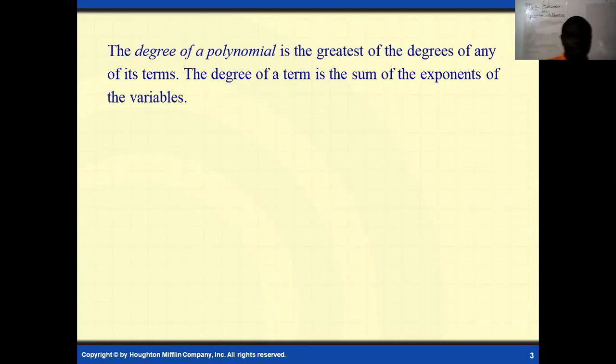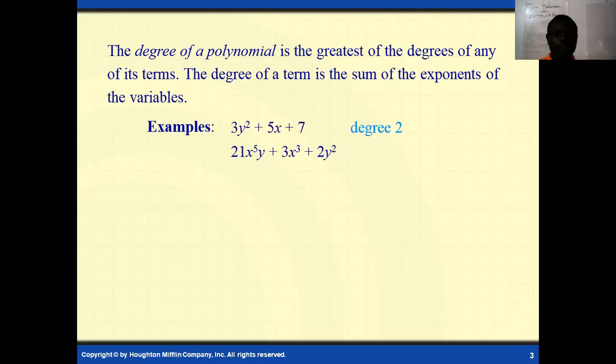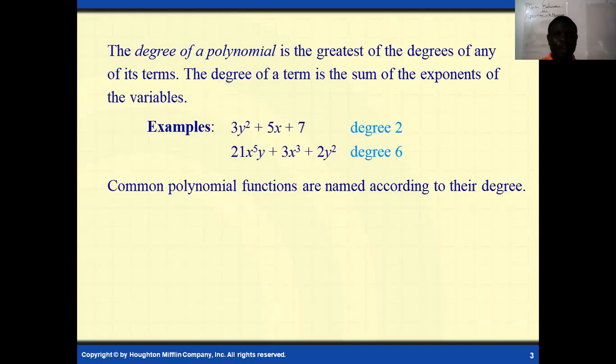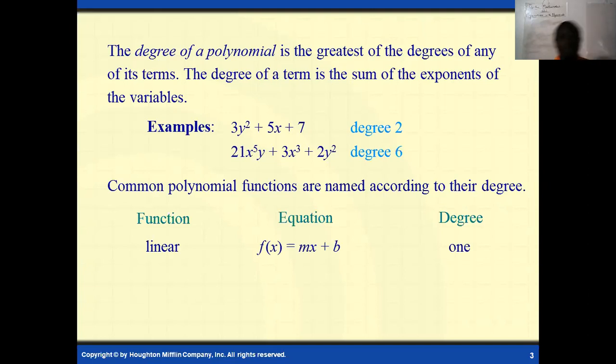Okay, let's extend degrees of polynomial. As you can see on the board, if you have for example 3y squared plus 5x plus 7, what is the degree of this polynomial? The highest degree here is 2. So this is of degree 2.